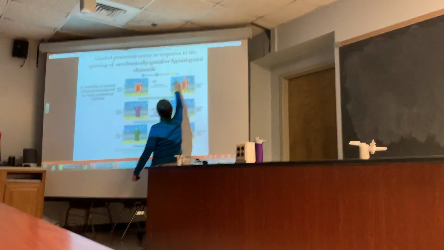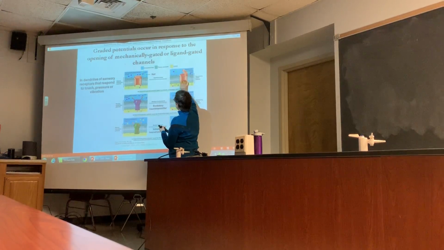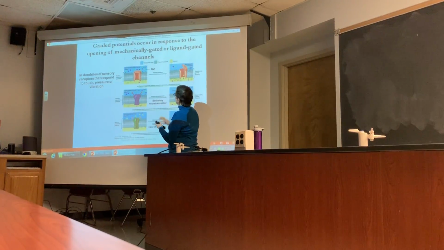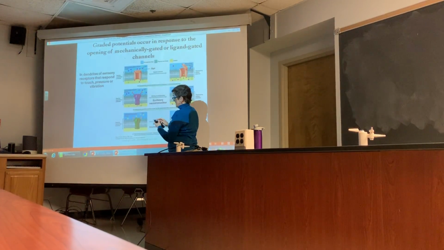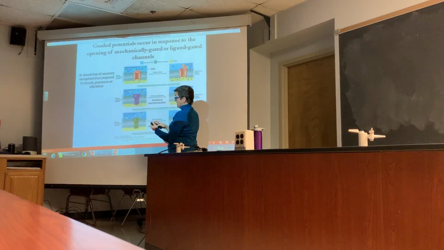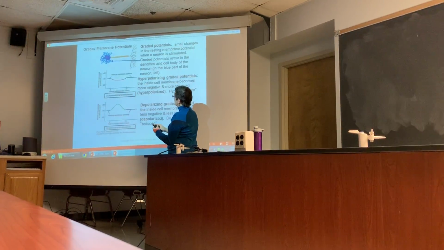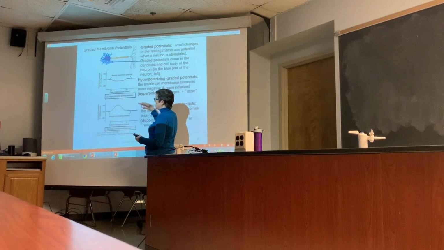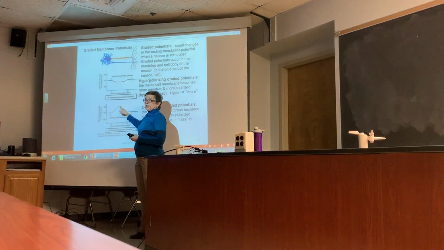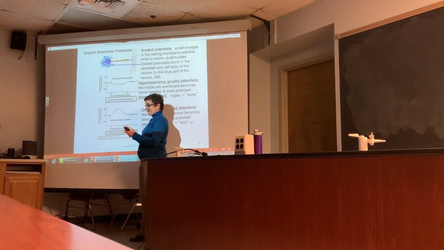And when the gate opens, in flows positive ions. And when positive ions like sodium or calcium flow in from the outside to the inside of the cell, the yellow is the inside, the cytosol, the outside is the extracellular fluid, the blue is. So let's go back to this picture. So if you've got positive ions flowing in, it's going to become depolarized. It's going to become more positive on the inside.